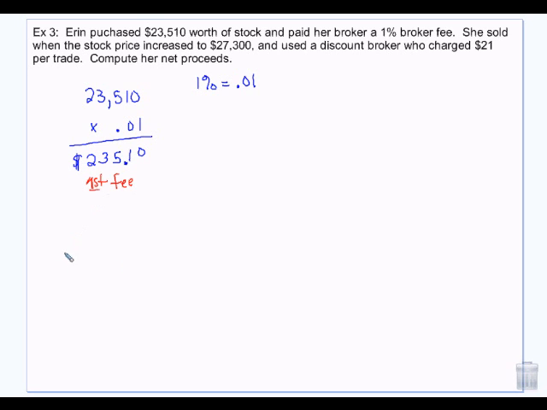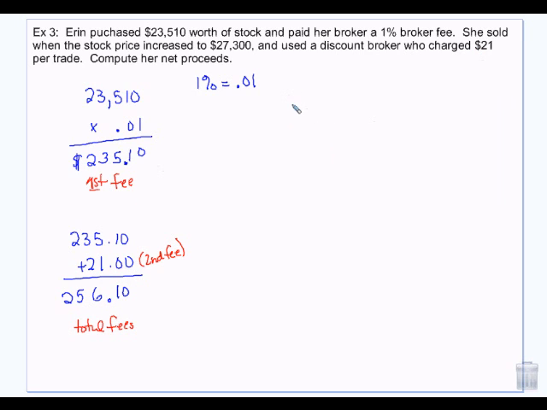Is that okay so far? And then $21 is her second fee. So I've got $235.10 plus $21, and that's total fees. So her total fees are $256.10. Obviously, using the discount broker on this one is a better choice.